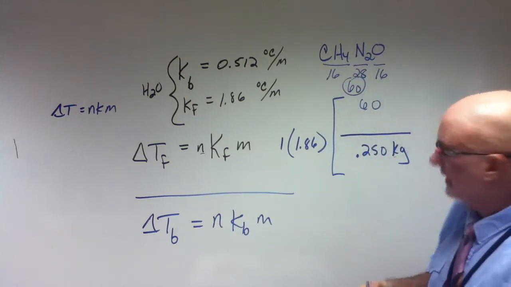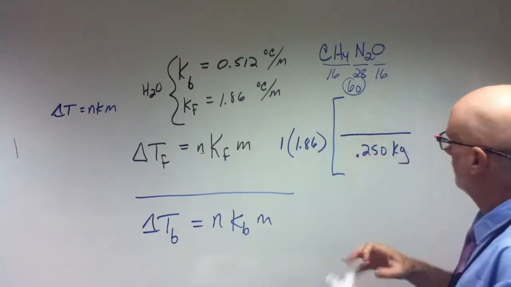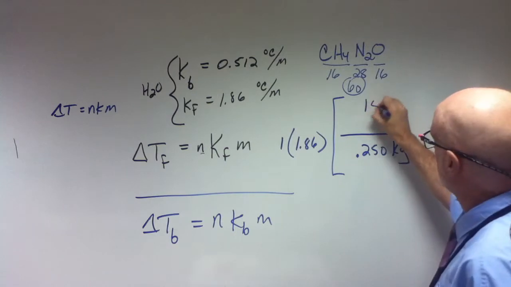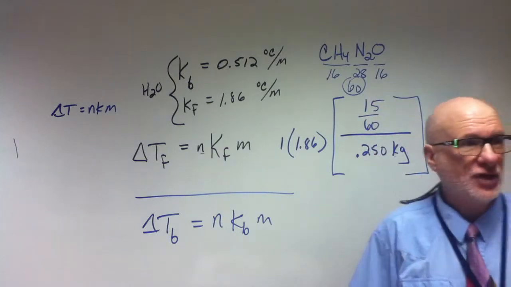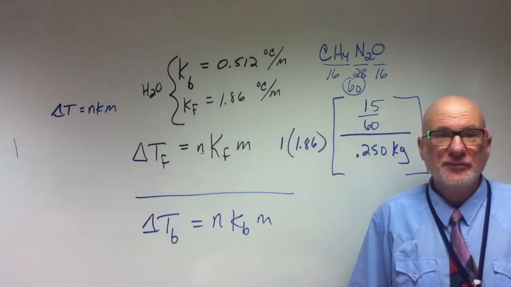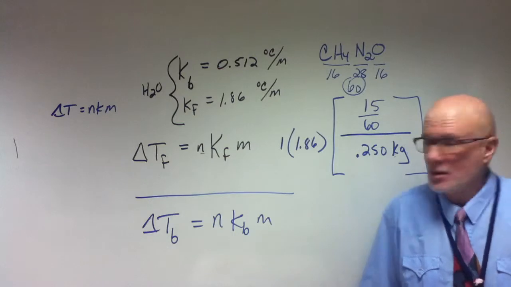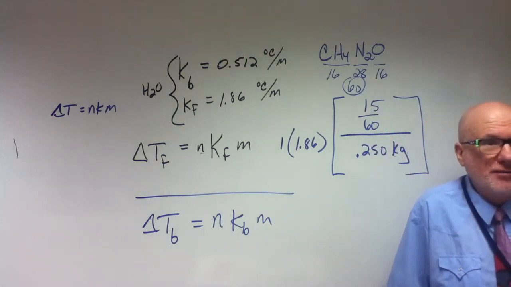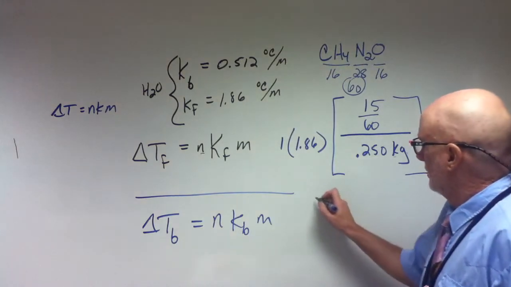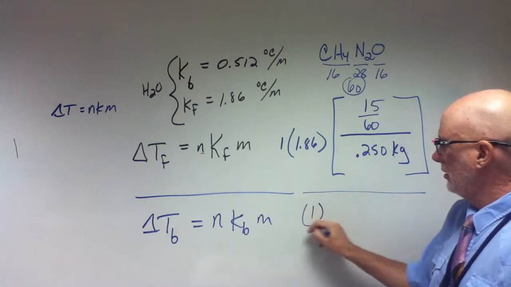What's the amount of urea? 15. So that's 15 over 60. 15 over 60 is 0.25, right? Yes. 0.25 over 0.25 is 1. And N is 1.